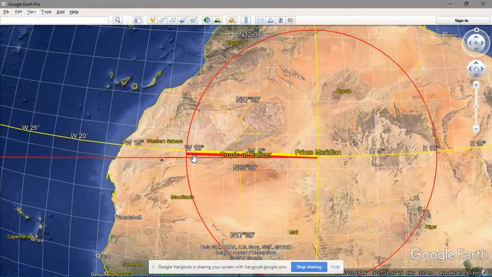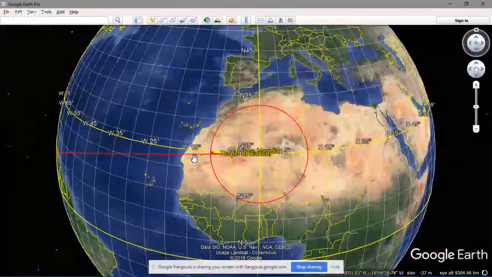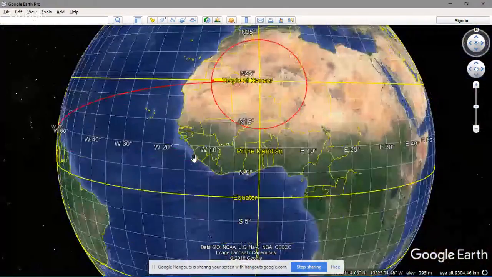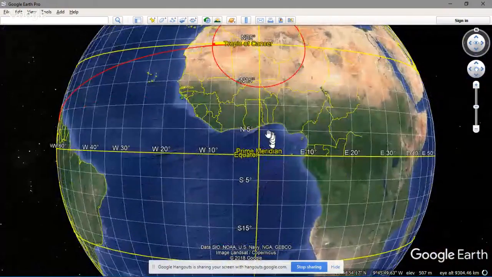If there was no tilt, and the Earth just looked like that, and we bring that from Cancer to the equator, then the speed will be the same for both the Earth and the Sun.